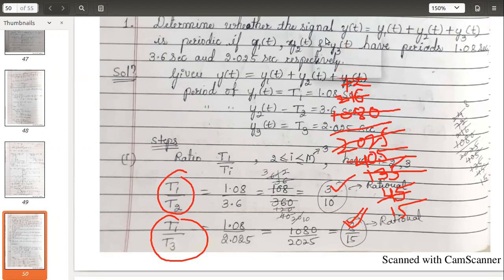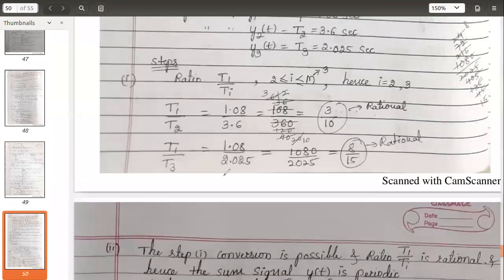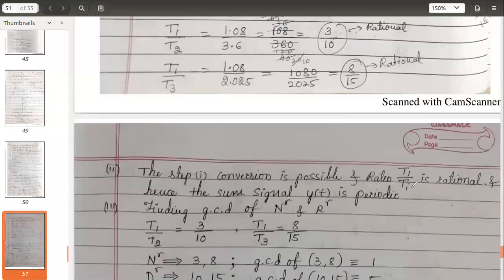I did not get any irrational value, pi, roots, or any such kinds. So the first step is clear, successful. So obviously it means that step 1 is possible, so the ratio is rational. Hence, I have to continue with the next steps. It means that it is periodic.